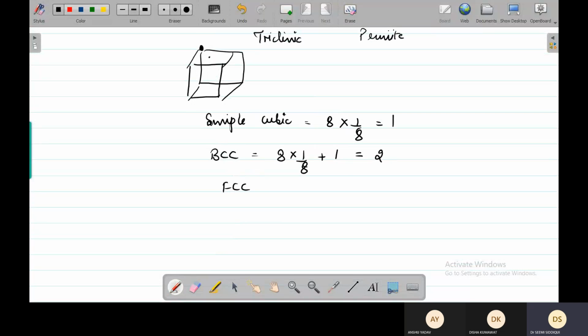If we talk about the face centered, then 8 into 1 by 8 plus 6 present at the faces, but half is shared, so it will be equal to 4. So this calculation we should know.